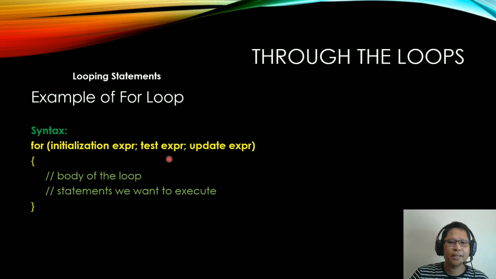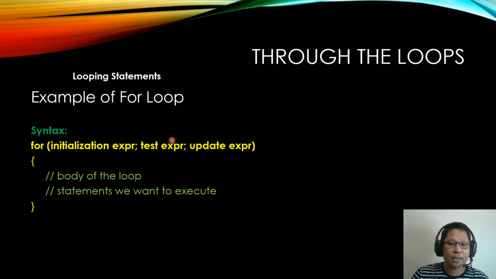So in this expression, we have to test the condition. If the condition evaluates to true, then we will execute the body of the loop and go to the update expression. Otherwise, we will exit the for loop.